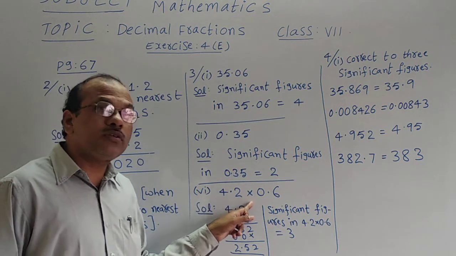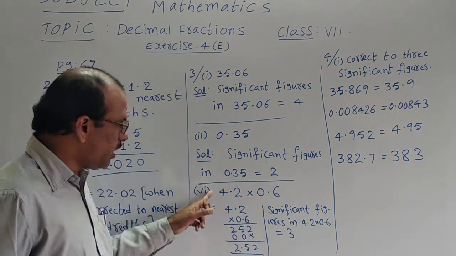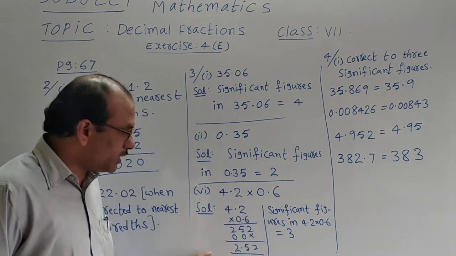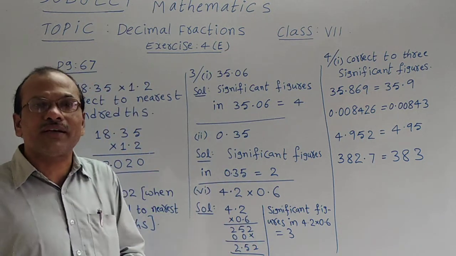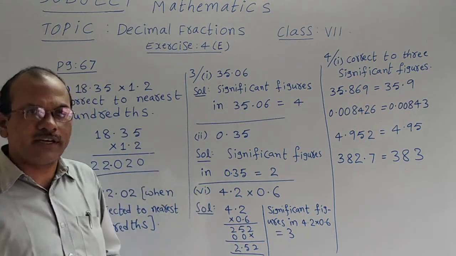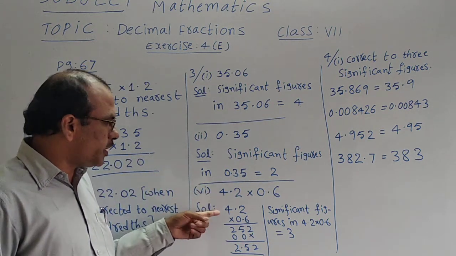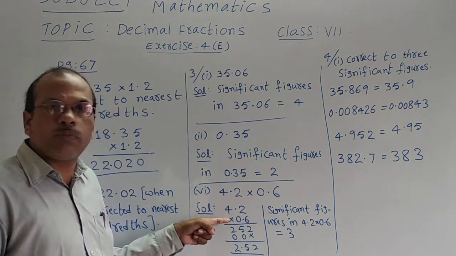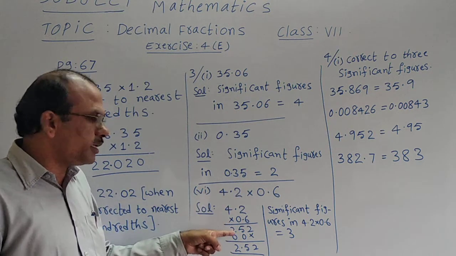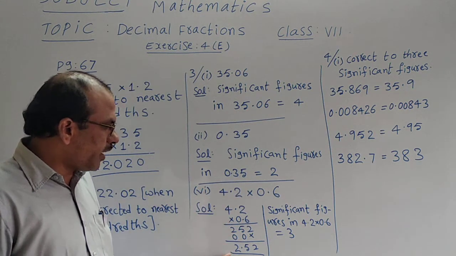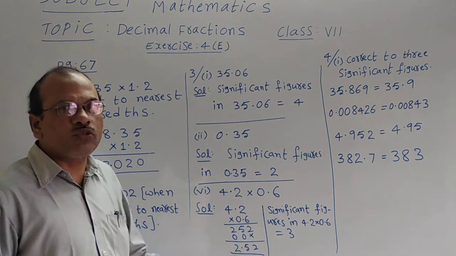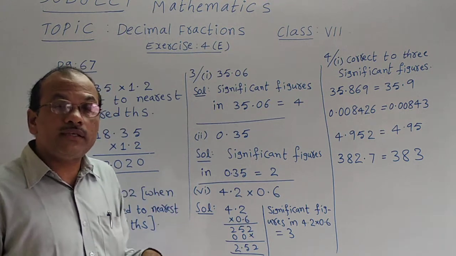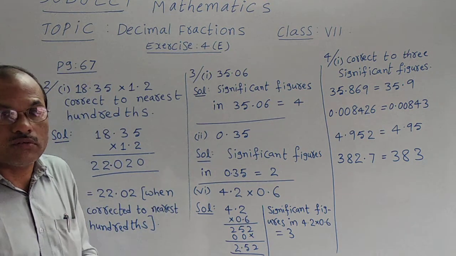Then let us see question 3, the 6th bit. 4.2 into 0.6. We have to multiply, then we will get one answer. Then we have to see the number of significant figures, or digits, in that product. I have multiplied 4.2 with 0.6 like an ordinary multiplication, and finally I have got the answer 2.52. All the digits are valid and have their place values.